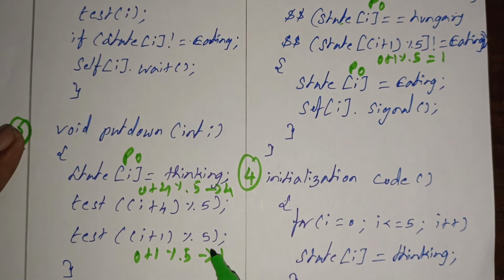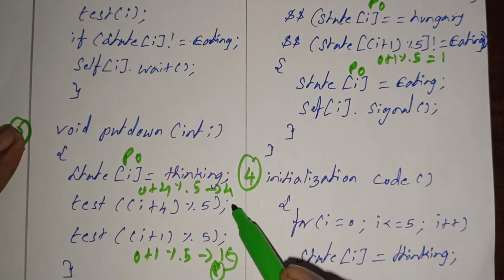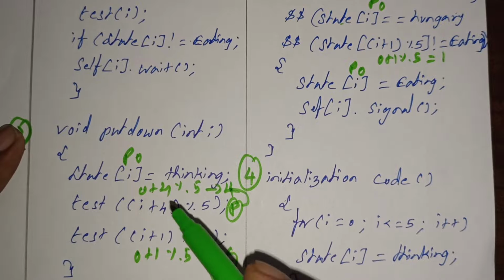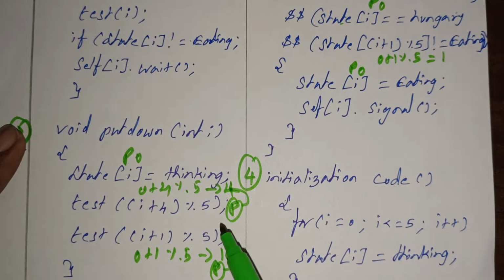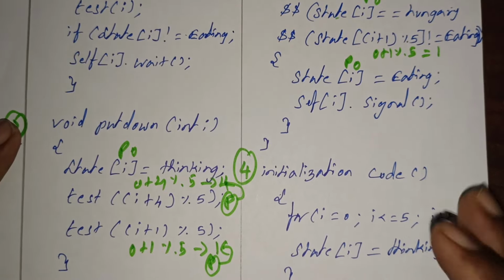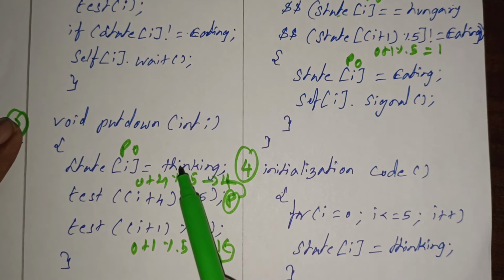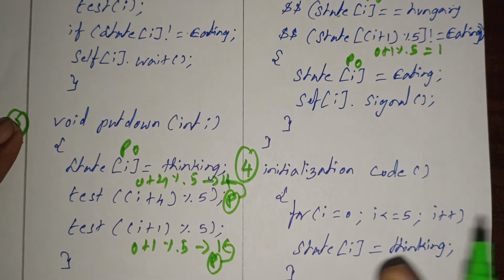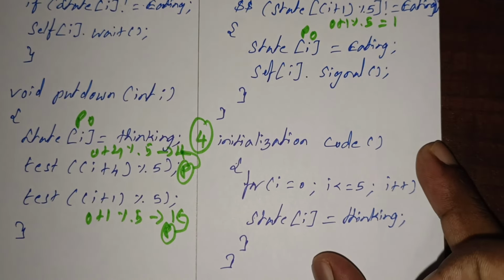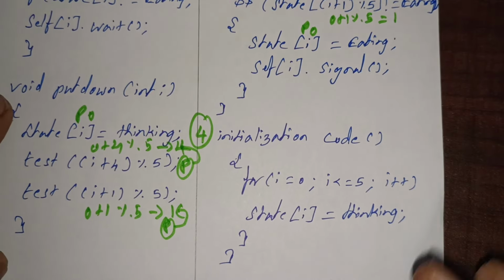So these 2 chopsticks, that is philosopher number 1 and philosopher number 4, will be put down. So these two chopsticks adjacent to this philosopher, you can check that these philosophers are able to take the chopstick now because P0 has put down the chopstick. So this is how this thinking process happens.